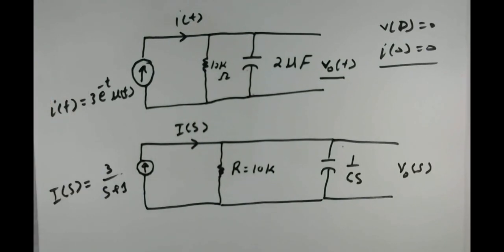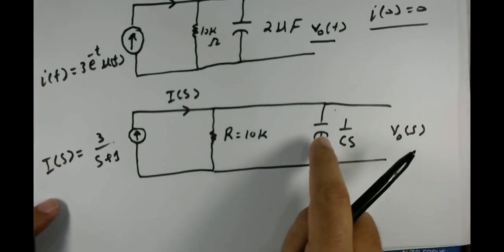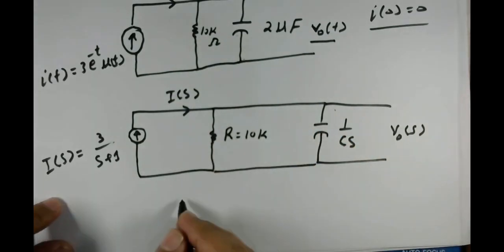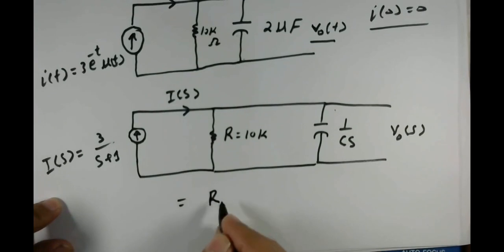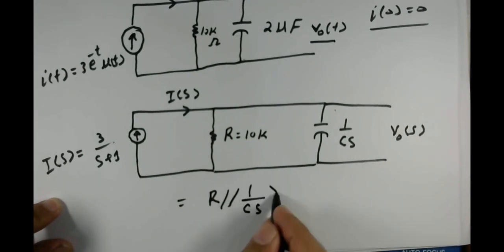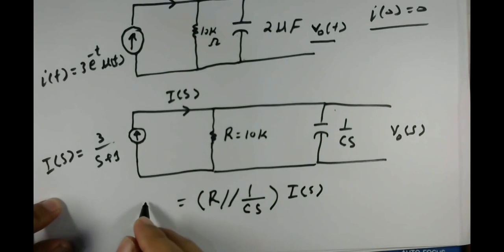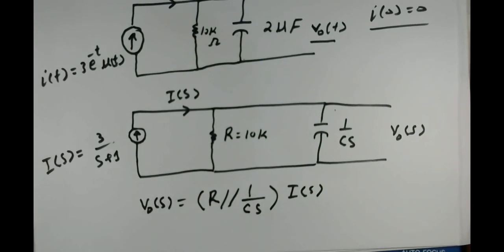So how can you find the voltage across this capacitor? First you need to take these two in parallel. If you take R in parallel with 1 by CS and multiply that with I of S, you will get V out of S. That's what you need to do.